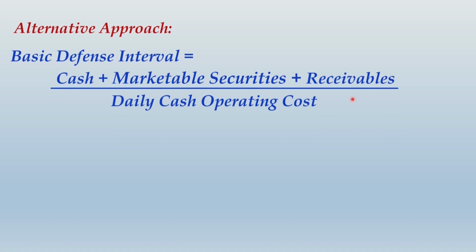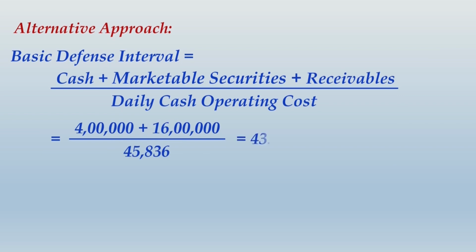Keep in mind that the denominator, daily cash operating cost, remains as it is. In the numerator, you are now taking more of your resources, particularly receivables. If I look into the balance sheet, the amount of receivables shown as debtors at the end of the year is 16 lakhs.